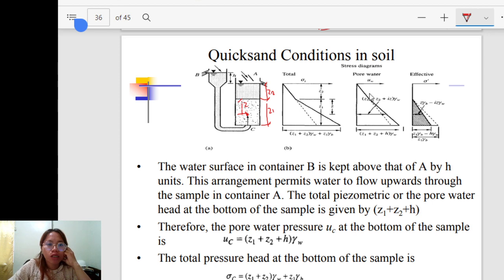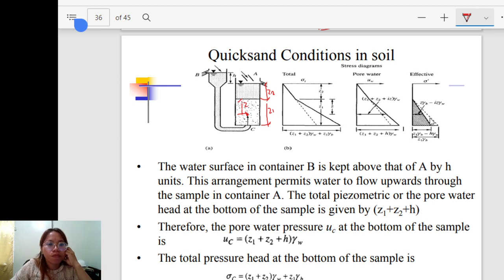The pore water pressure is Z1 plus Z2 plus iZ times unit weight of water, because we have seepage here. There is seepage at Z, which is downward, while in here, Z1 plus Z2 plus H times unit weight of the water.